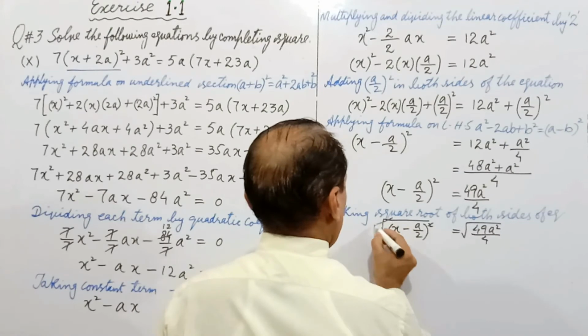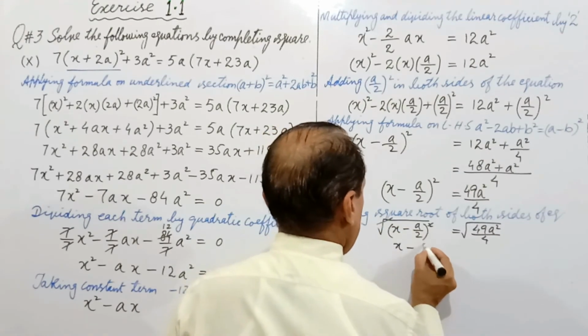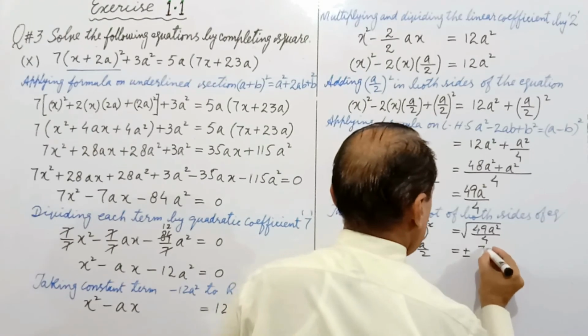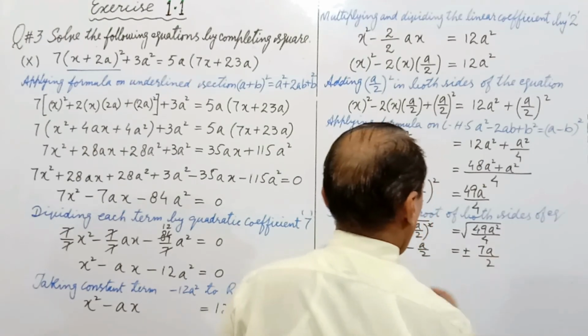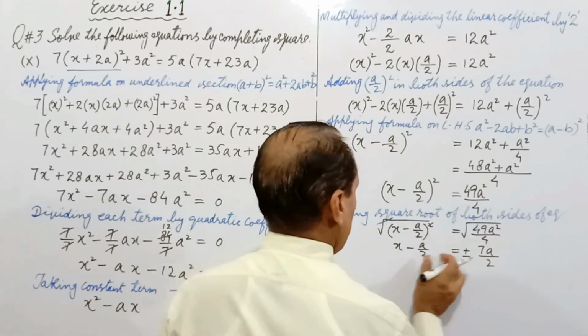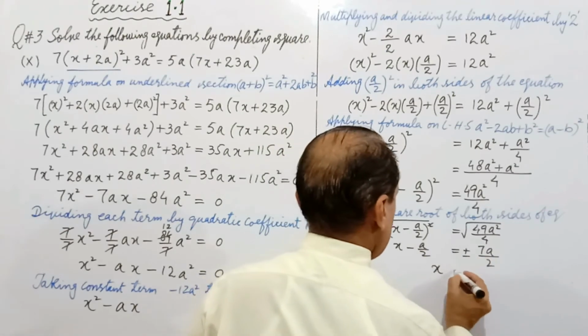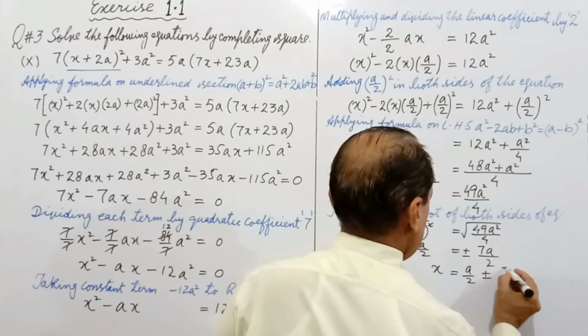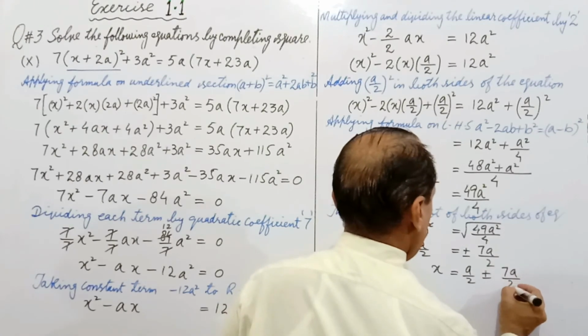Square is cancelled by square root. We have x minus a over 2 is equal to plus minus 7a over 2. We take this term to the right hand side. We have x is equal to a over 2 plus minus 7a over 2.